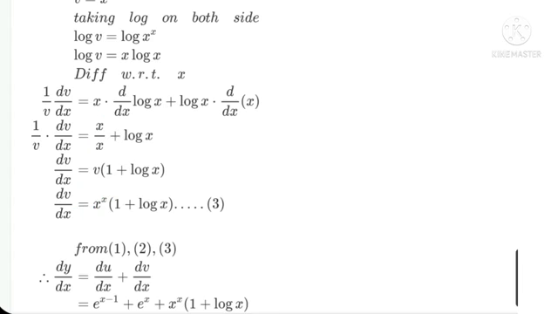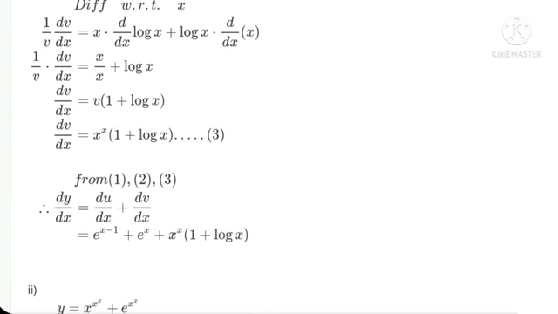So we find dv by dx, du by dx. So from equation first, second and third, you write dy by dx is equal to du by dx plus dv by dx. Put the value of du by dx and put the value of dv by dx. We get the final answer.